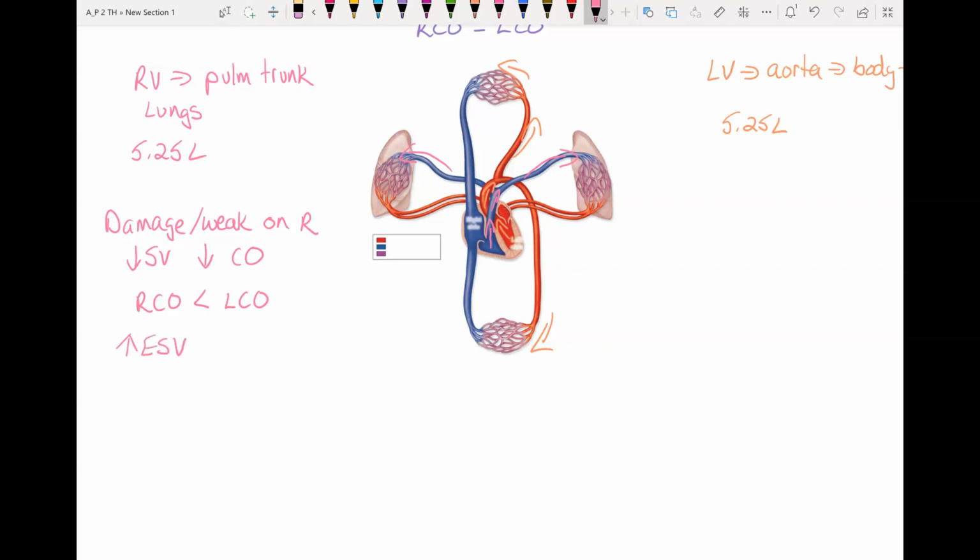So remember, this is the blood that's left in the heart after it has pumped blood into the artery. Because this side of the heart is having problems, less blood is pumped into the artery. So there is more blood left over in the ventricle after it has pumped.